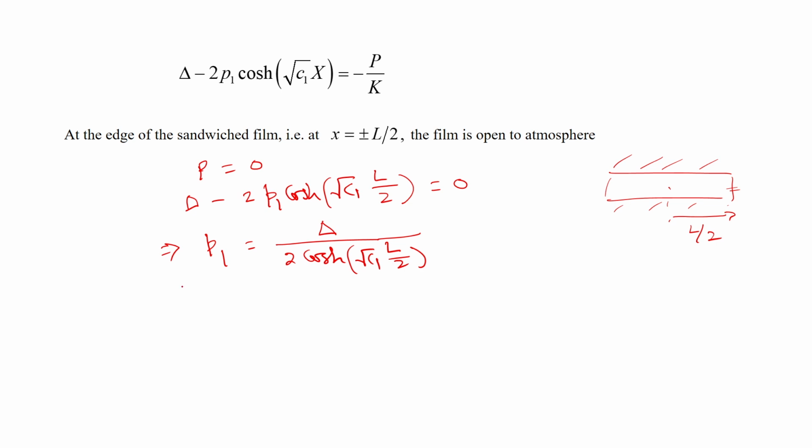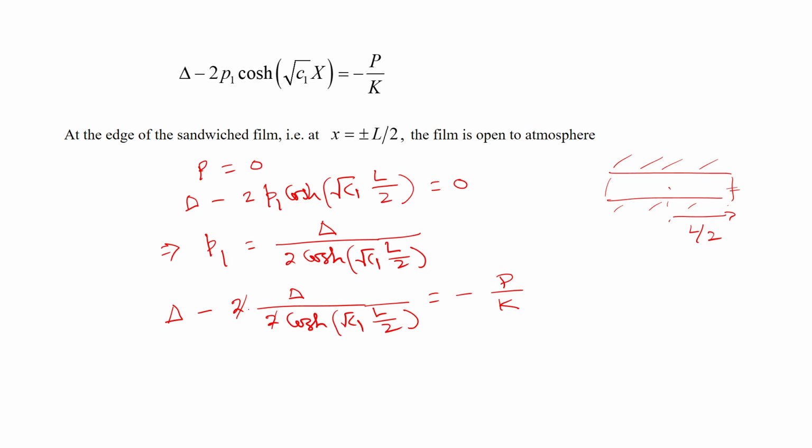So, let us substitute that. It is delta minus 2 into P1, which is delta by 2 into cosh of square root of C1 into L by 2, equal to minus P by capital K. The 2 and 2 get cancelled.